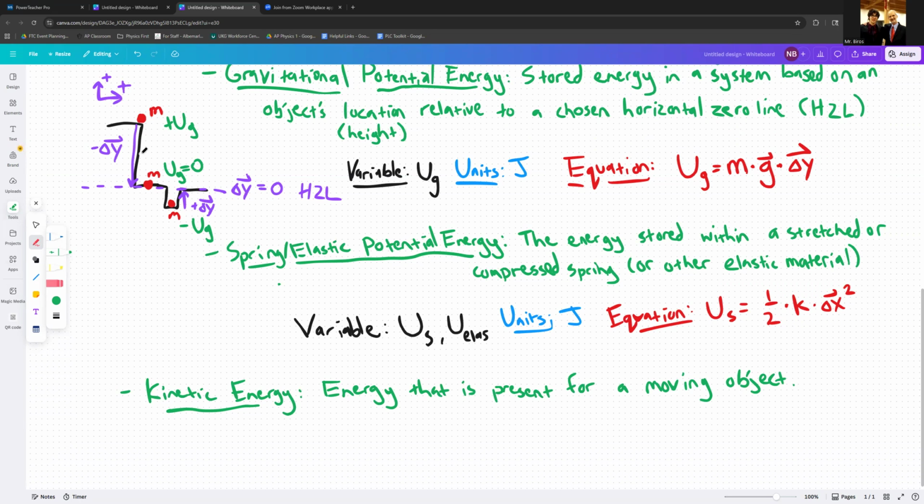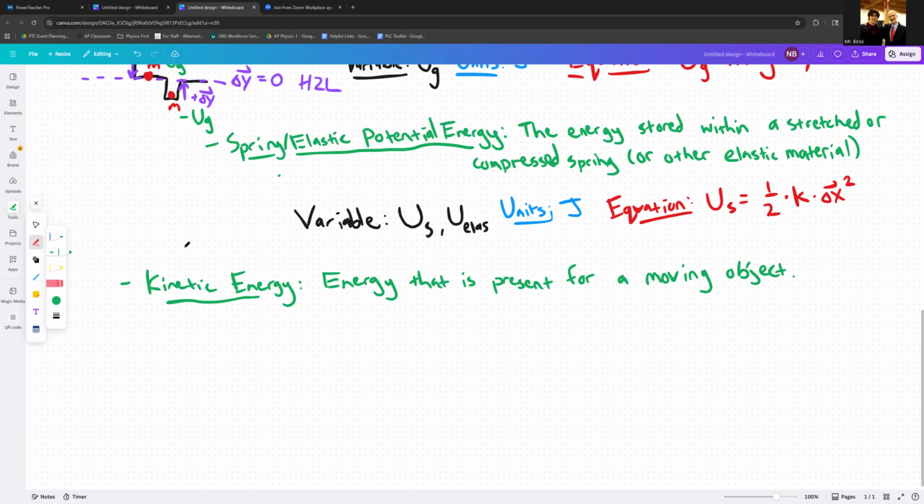But it would also be moving halfway down the cliff as it's falling, so it would have kinetic energy. So these are not exclusive, like you can only have kinetic or only potential. But anytime an object is at rest, it doesn't have kinetic energy. It could have potential energy, the Earth-object system, or specifically a spring, if we're looking at springs. But if something's moving, then it certainly has kinetic energy.